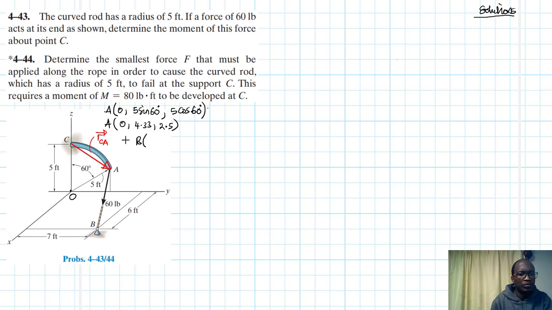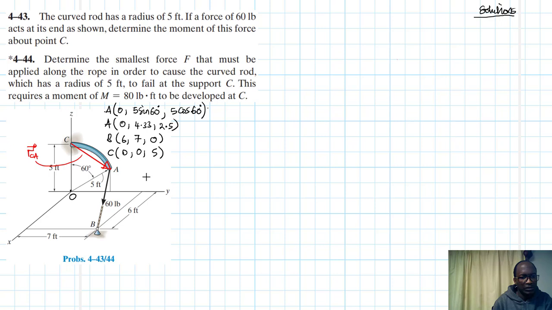B is going to be equal to, in the x it is 6, in the y it is 7, in the z it is 0. And then C is just 0, 0, 5. Great.